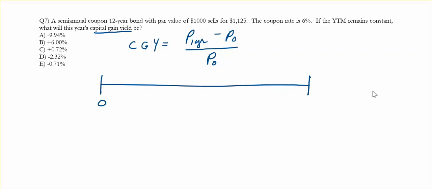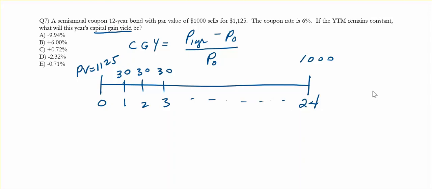The semi-annual bond has 12 years to maturity, so semi-annual means 24 periods. Par value is 1000. It sells for 1125, so that's the PV. The coupon rate is 6%, so 6% of 1000 divided by 2 is 30.